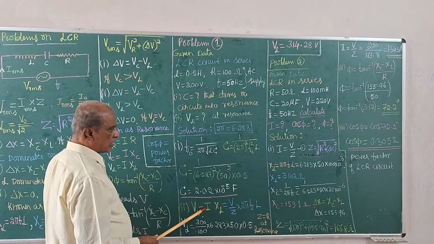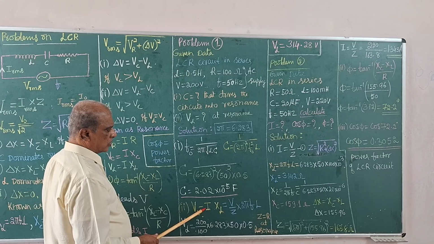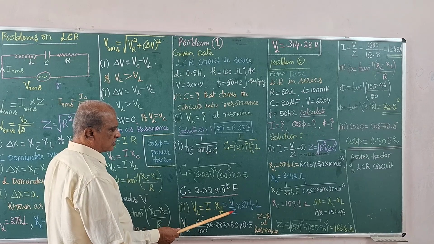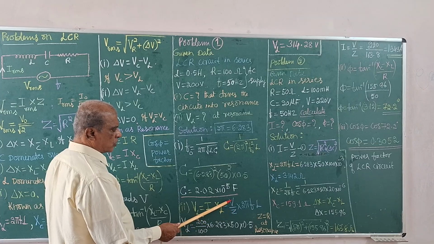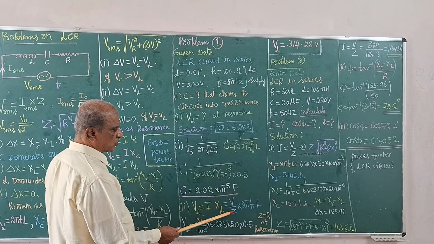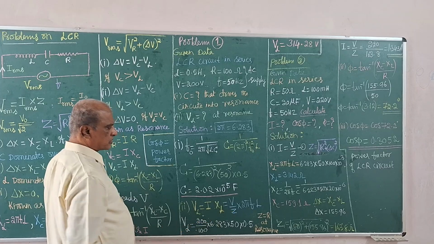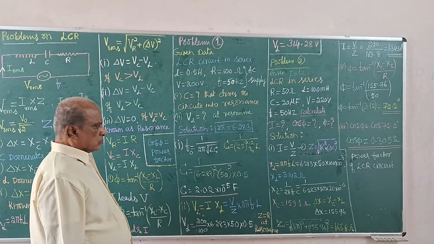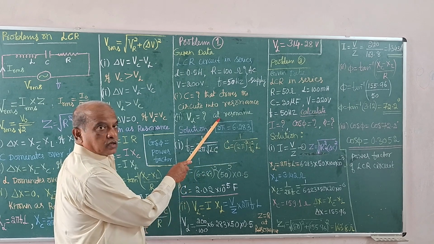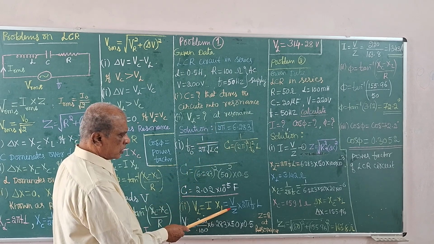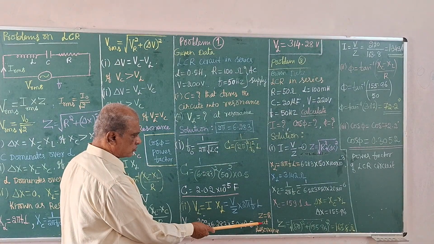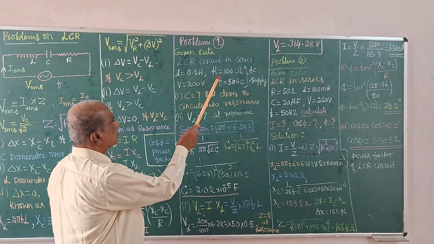The current value is not given, so you have to substitute for I, V divided by Z, that is the voltage supplied to the circuit divided by the total resistance of the circuit, Z. As mentioned, at resonance, Z equals R. The R value is given.